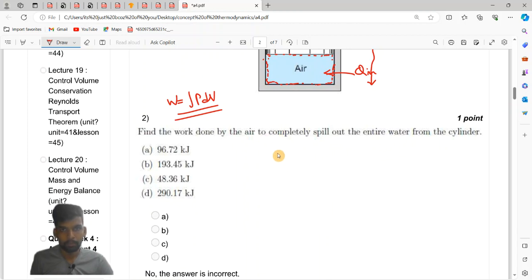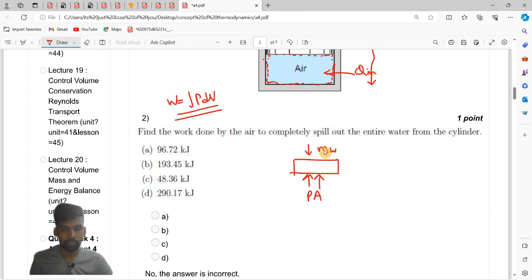Okay, so from energy balance applying across the piston, we can write: inside we have a pressure, say P, which is varying, and A is the area of the piston. Similarly, above we have a mass of water which is varying, because it is getting spilled.